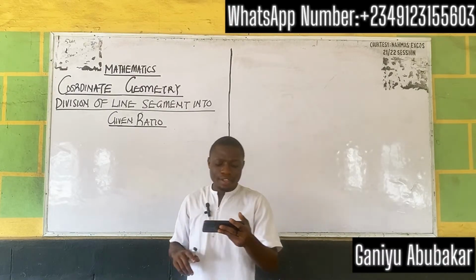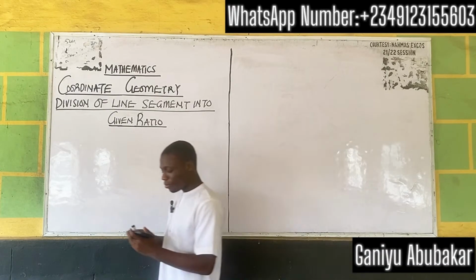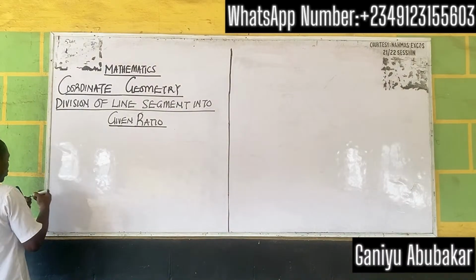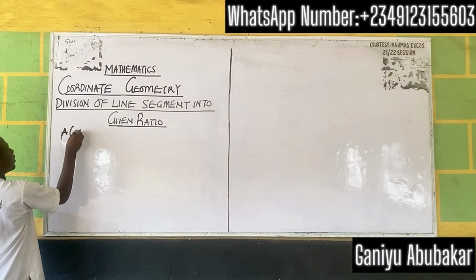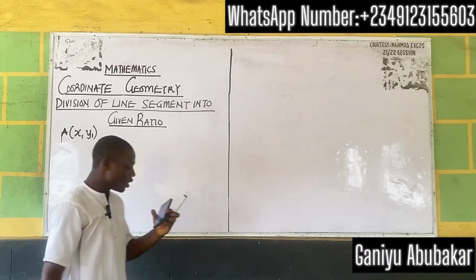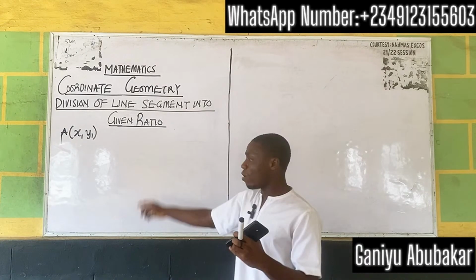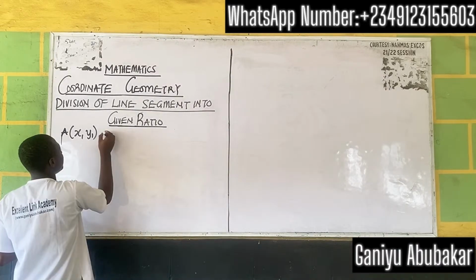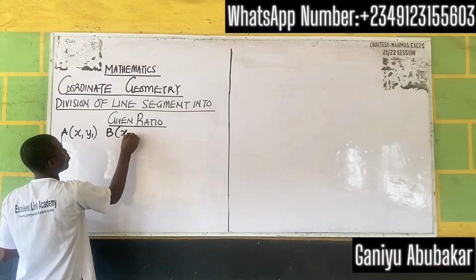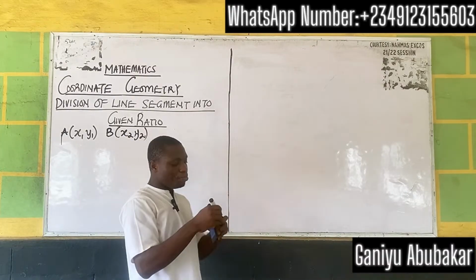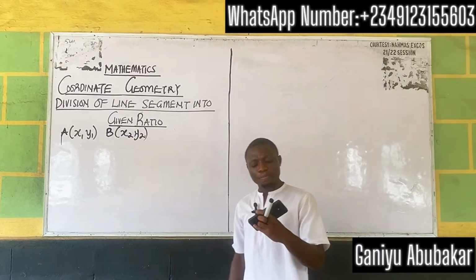Let point A, this one here, be (x1, y1), and point B, that's (x2, y2), be the two given points.